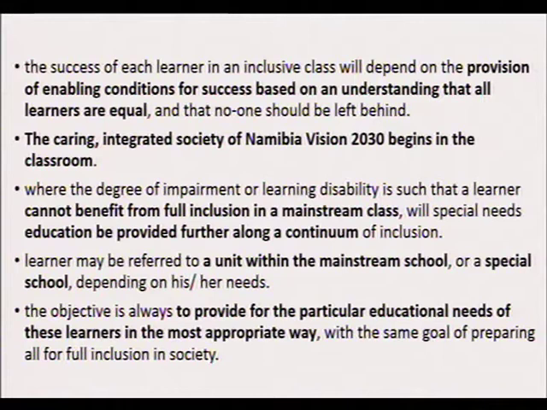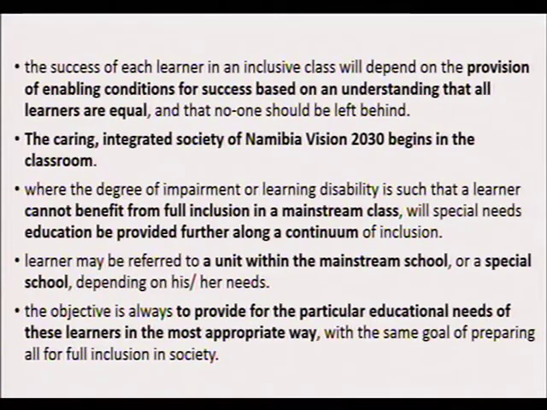The Caring Integrated Society of Namibia Vision 2030 begins in the classroom. Where the degree of impairment or learning disability is such that a learner cannot benefit from full inclusion in a mainstream class, will special needs education be provided further along a continuum of inclusion.